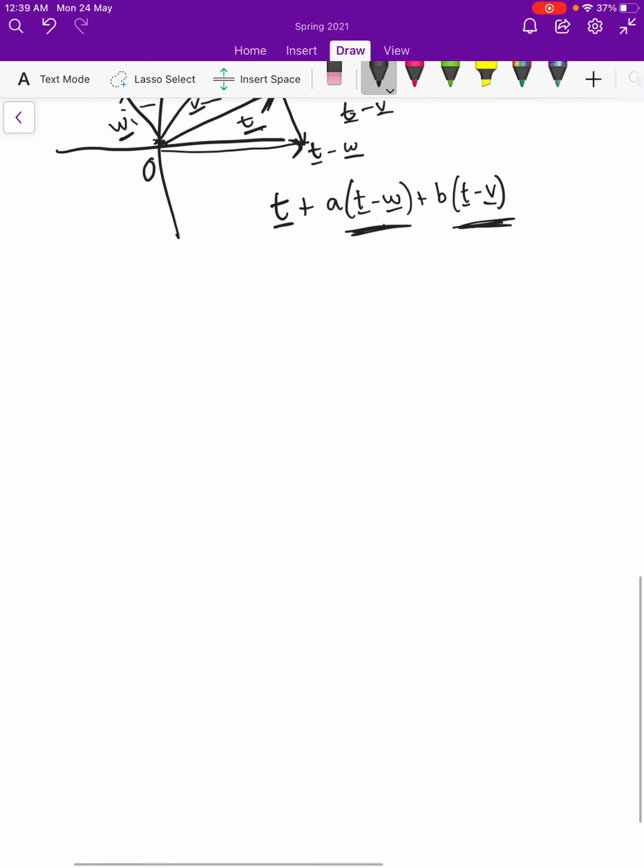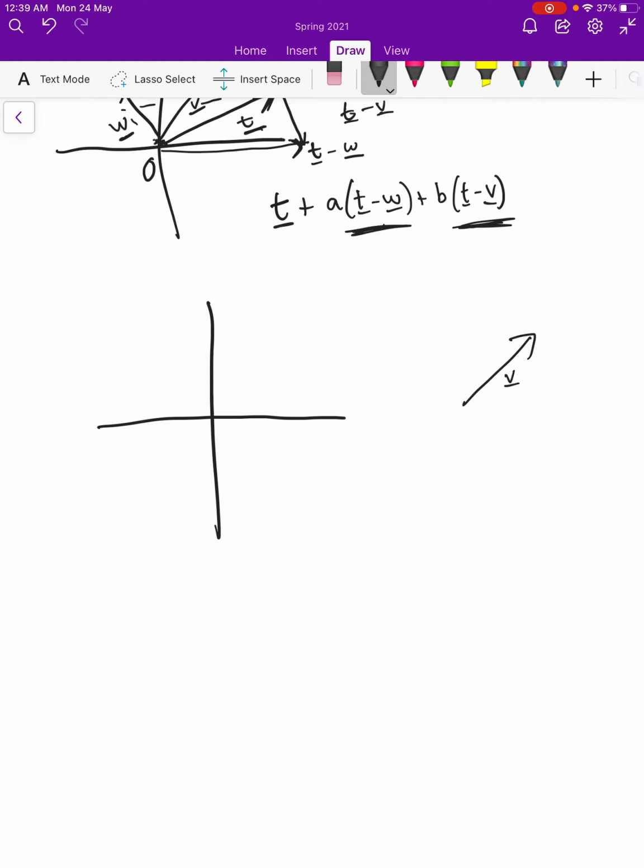So recall when we did the cross product of two vectors v and w. Say v is here, w is here. Well, we've defined our cross product only in R3. So this equation called the scalar equation is also only going to be in R3.